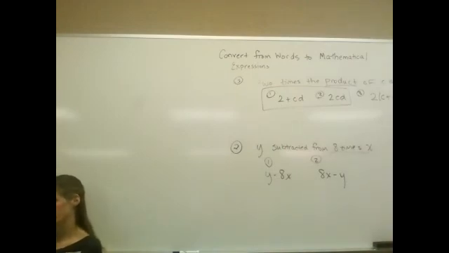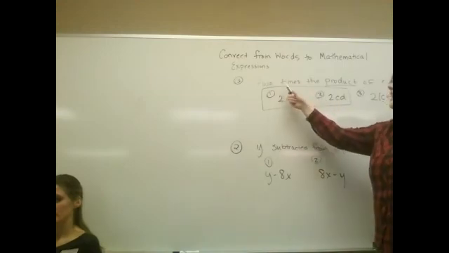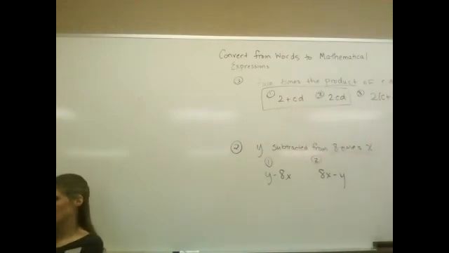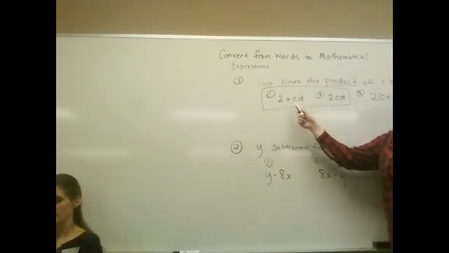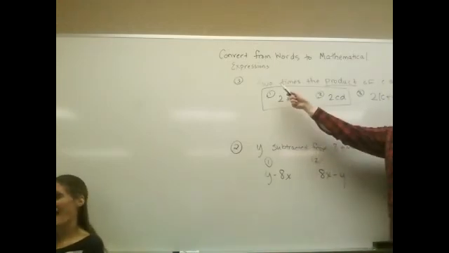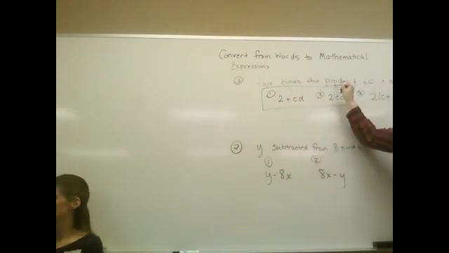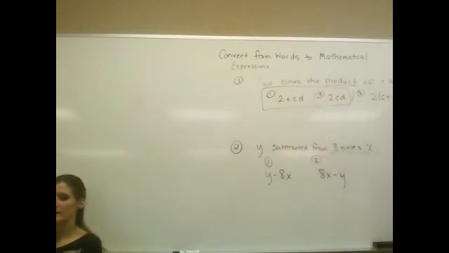So the next thing we want to look at is the 2 times. We know that times also means multiply. So here, 2 is added, but we don't want that. We want 2 times. So this is your correct answer.